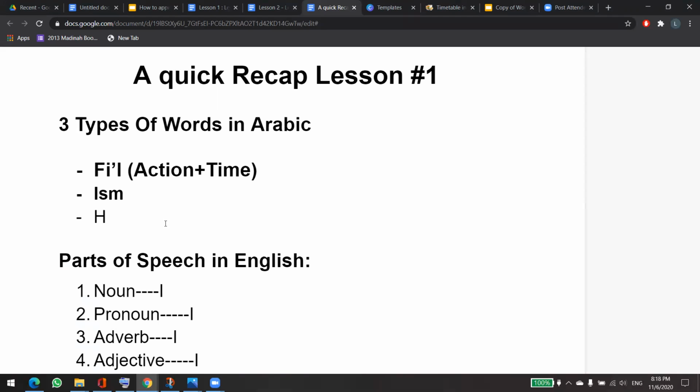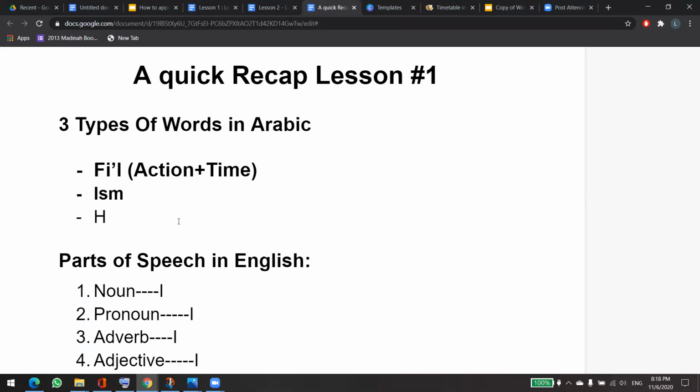Then you ask yourself, is it a type of ism? Like whether it's a name of a person, place, animal, or thing, or the name of an idea, or it's an adjective, or is it a pronoun, or is it an adverb?